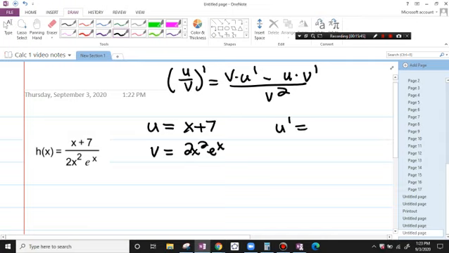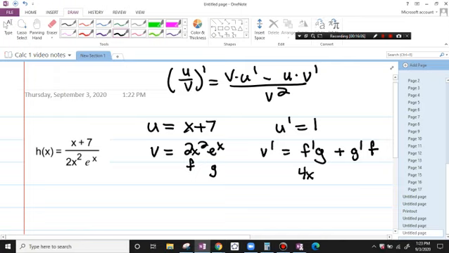U prime is 1. The derivative of x is 1. The derivative of 7 is 0. The derivative of v requires the product rule. So here's f, here's g, and so it's going to be f prime g plus g prime f. Well, f prime is 4x.